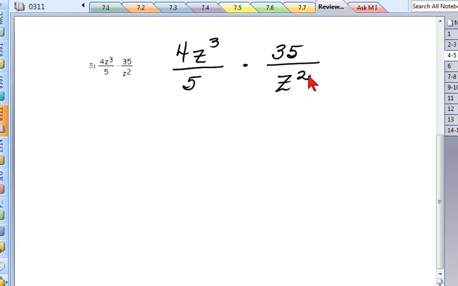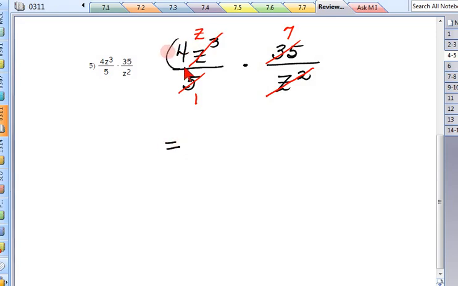So I can just look at them and start seeing if there are any common factors. I imagine everybody sees the 5s. 5 goes into itself once, 5 goes into 35 7 times. What else do you see? Z's. There are 2 factors of z down here which divide out with 2 of the 3 factors up here, leaving 1 z up there.